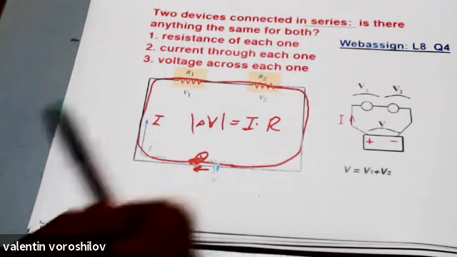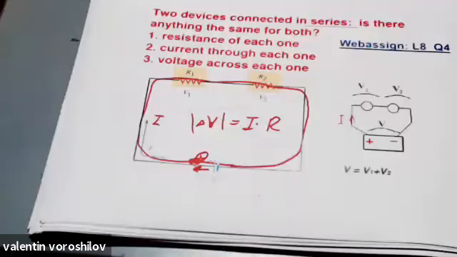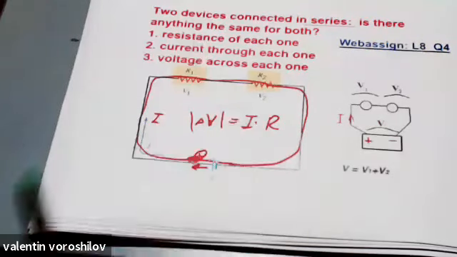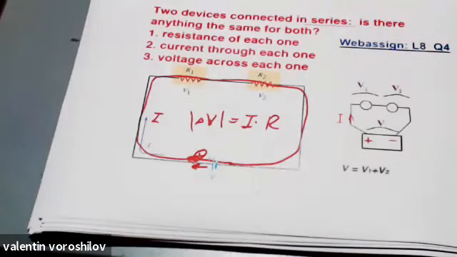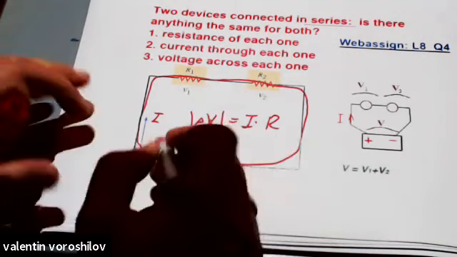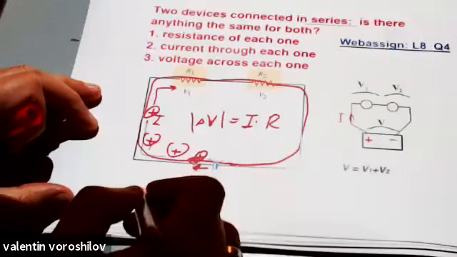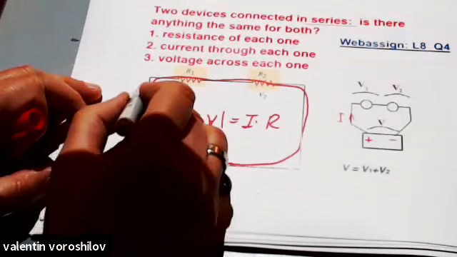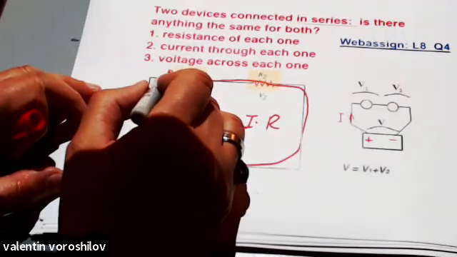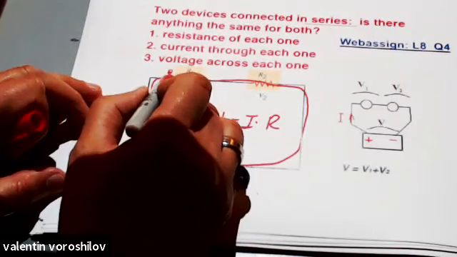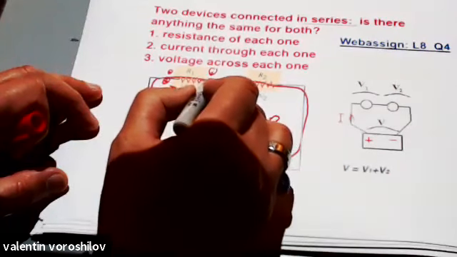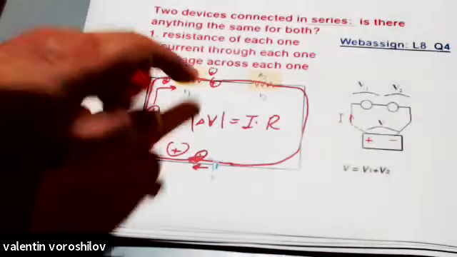And when you write this law, you need to make a statement in this circuit. What is the same? And this is actually a common sense type question. Because again, if you look at these fictional positive charges traveling through the wire, they enter this resistor at one end, and they all leave this resistor on another end.